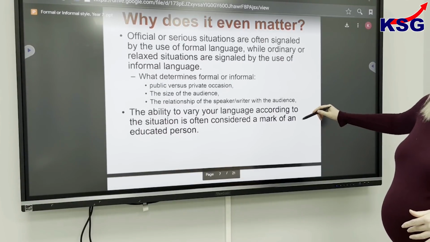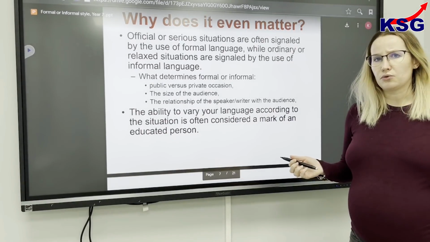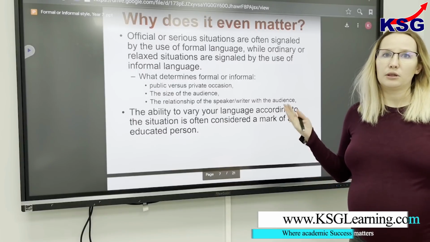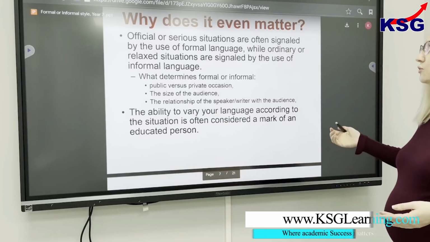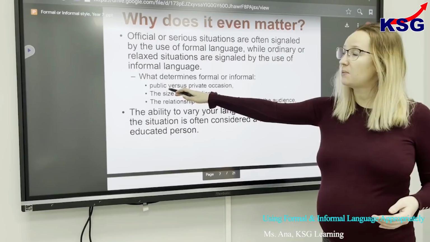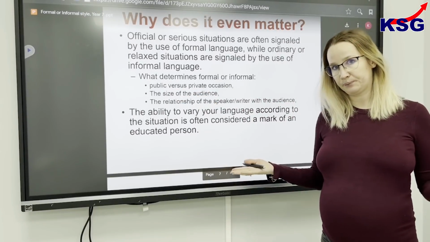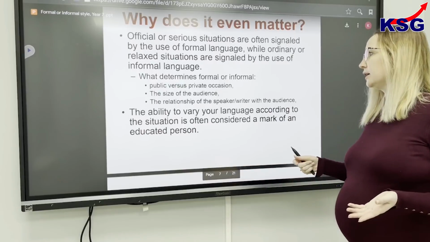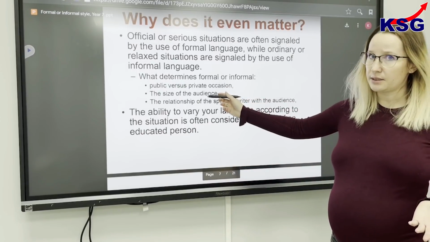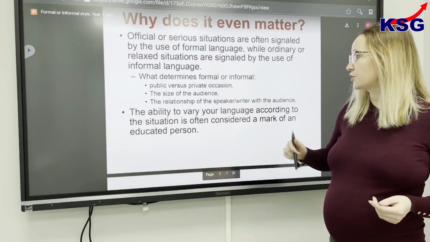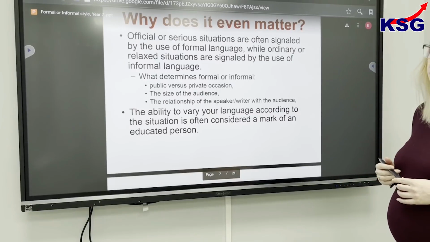How do we know in which cases we need to use the formal language or the informal one? We need to determine the public first, if it is a friend or an institution, the size of the audience, and also the relationship of the speaker with the audience.